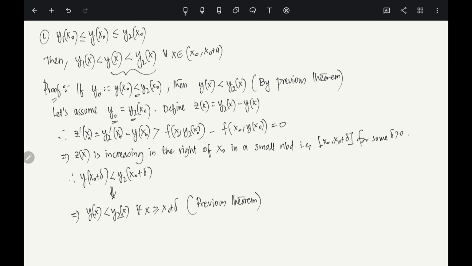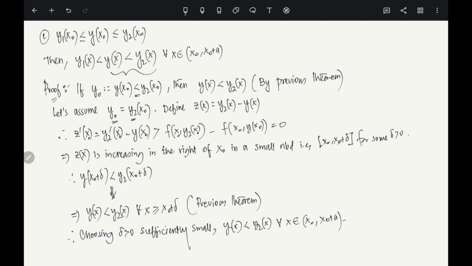Therefore, choosing delta greater than 0 sufficiently small, one has y of x is strictly y2 of x, for all x between x naught and x naught plus delta. Clear? So this is true.